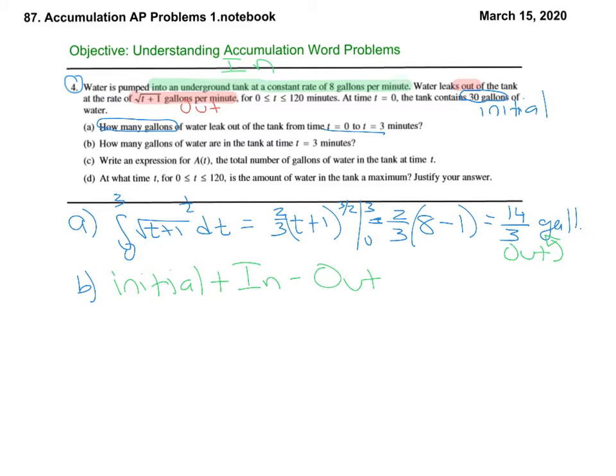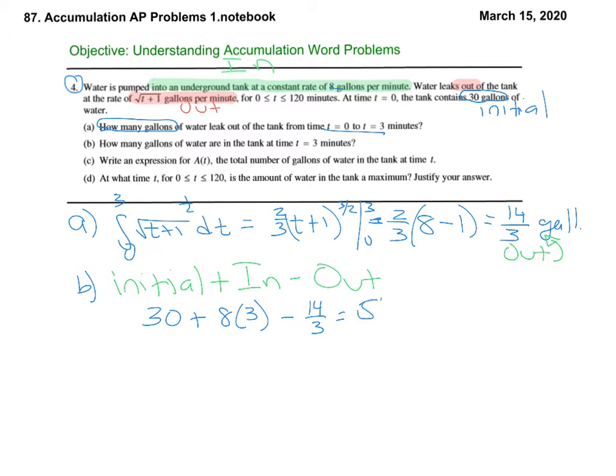Okay, so our initial amount was our 30 plus the in. What's the in here? The in is 8 gallons per minute, so 8 per minute times 3 minutes, minus our 14 over 3.